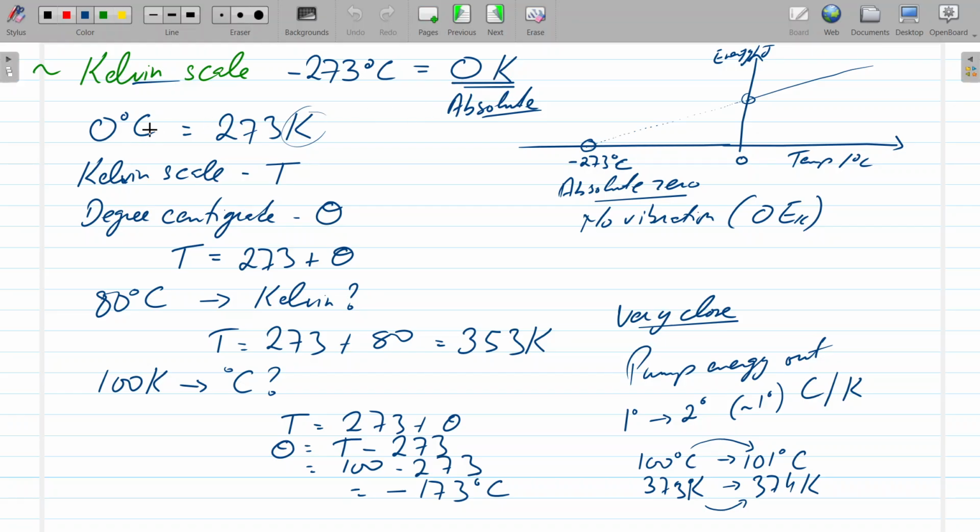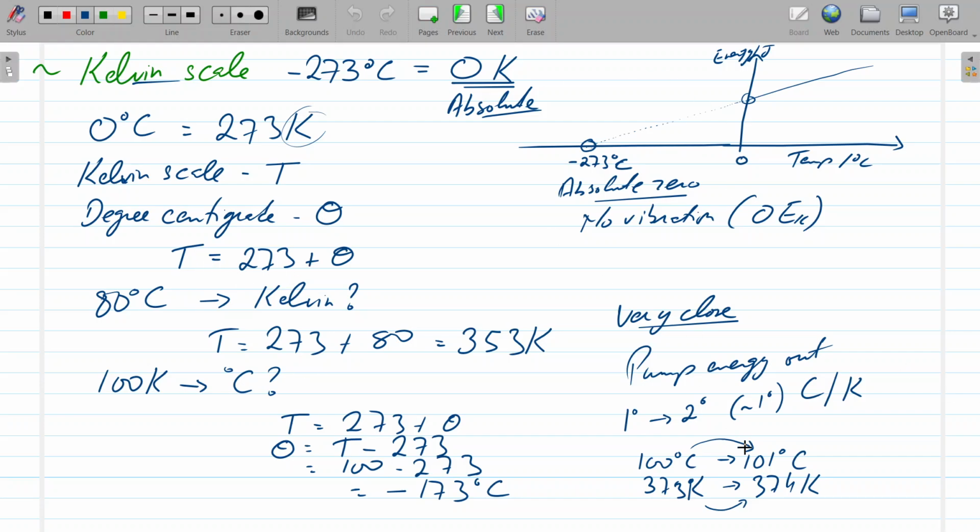And so the relationship is that 0 degrees centigrade is 273 degrees Kelvin. We talked about the Kelvin scale being represented by the symbol T, degrees centigrade being represented by the symbol theta, and then this particular formula for converting centigrade to Kelvin and vice versa.